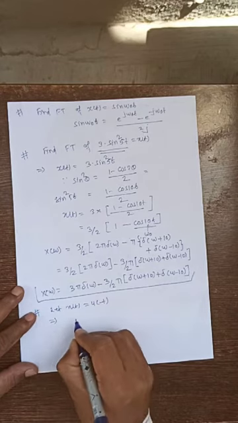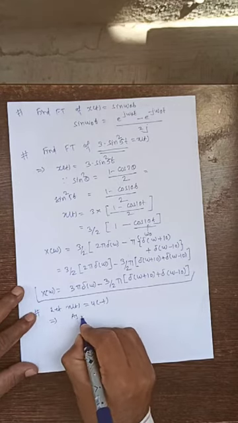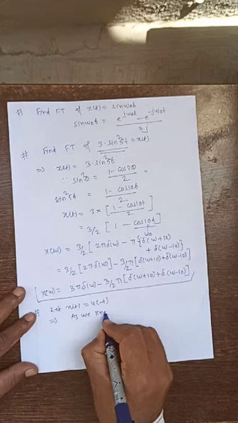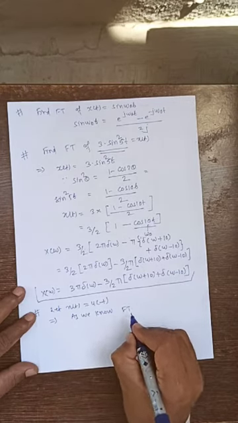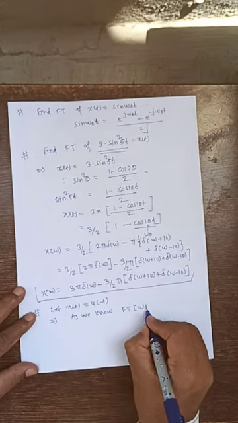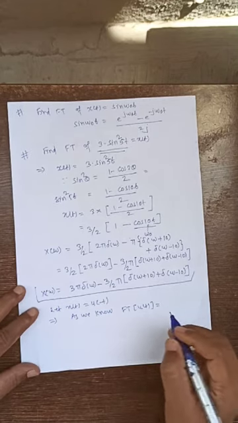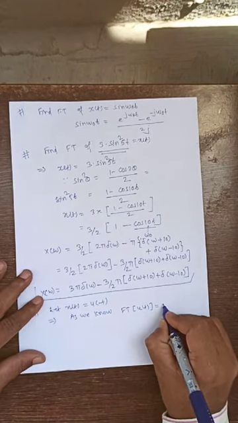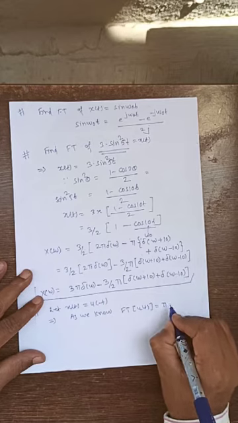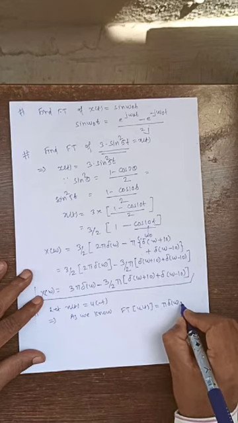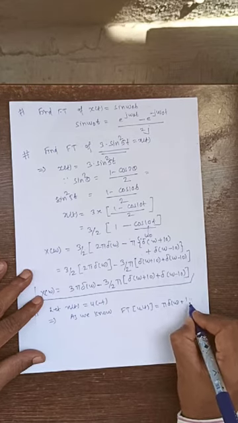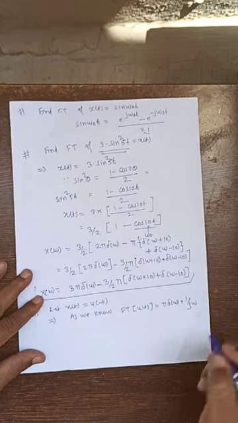As we know, the Fourier transform of the unit step signal is equal to pi delta omega plus 1 upon j omega.